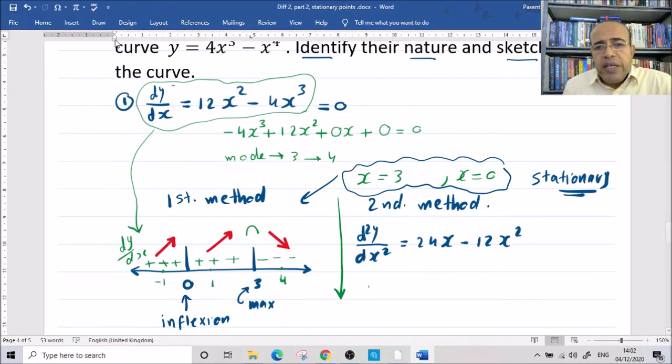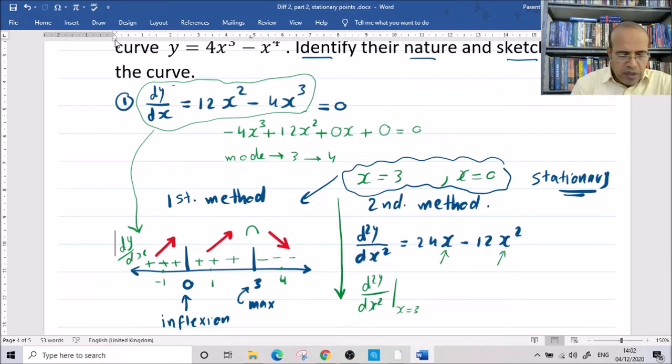So, d2y by dx2 at x equals 3. When you replace x by 3, 24 multiplied by 3 minus 12 multiplied by 3 squared. It will be negative, so it's a maximum.